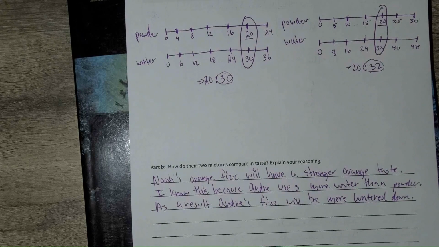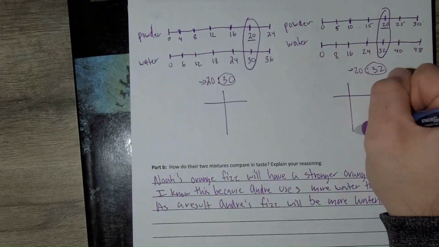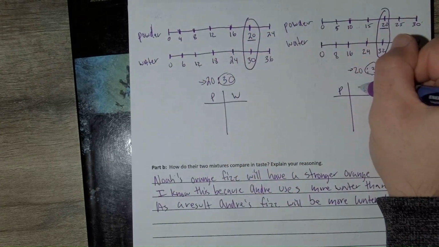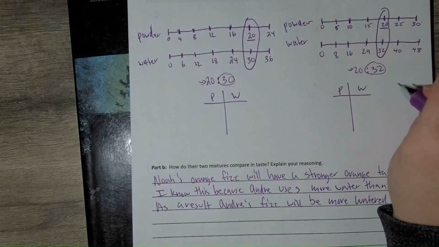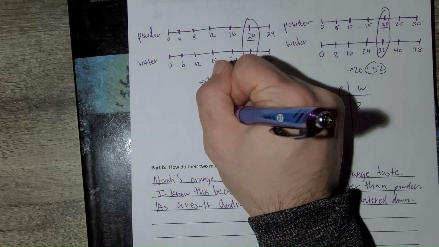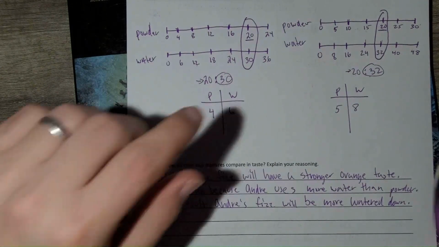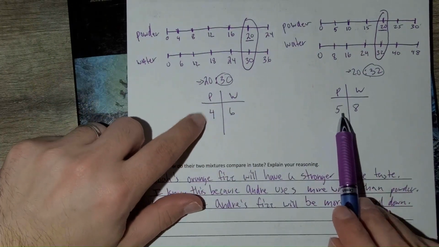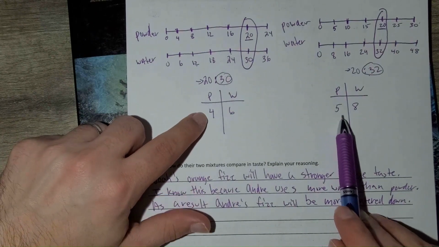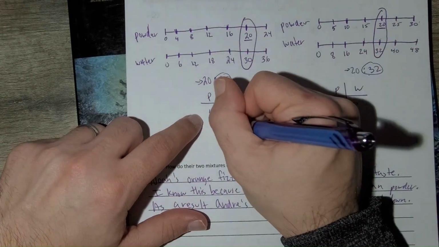Let's say you wanted to make a table here, right? Just to help you with this. So here we have powder and water, powder and water. Andre used 5 to 8. Noah used 4 to 6. What you need to figure out here is, right, what multiples does 4 and 5 share? Well, the multiple they share is 20, right? 4 times 5 is 20.